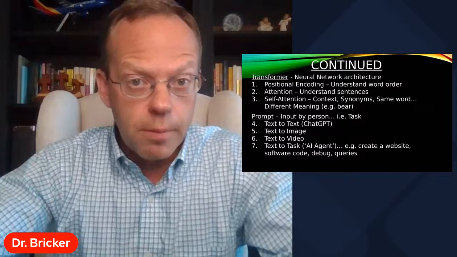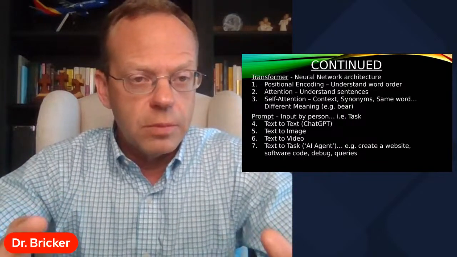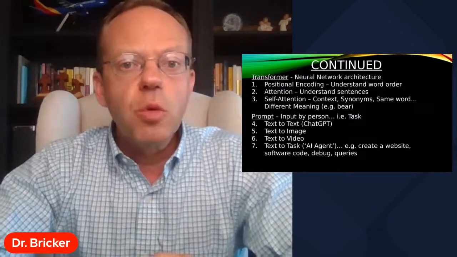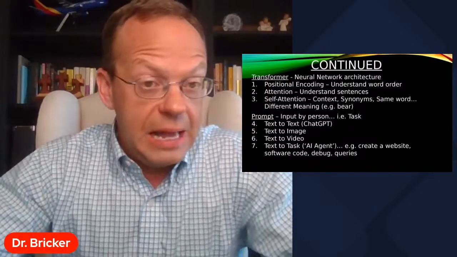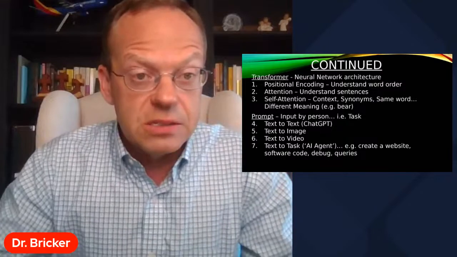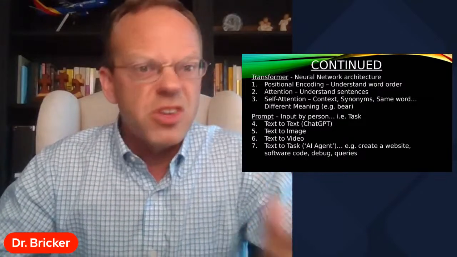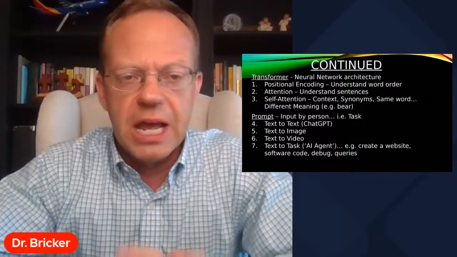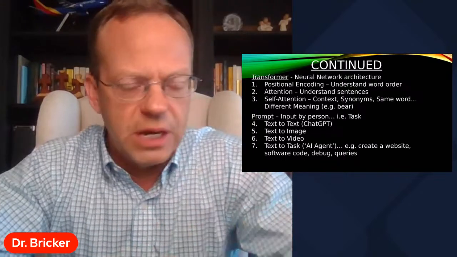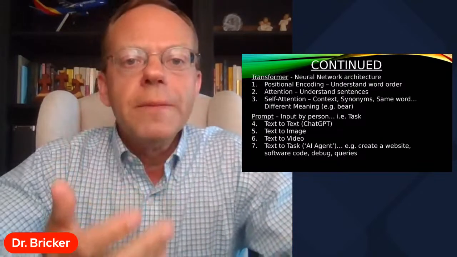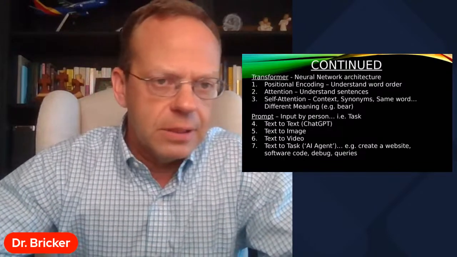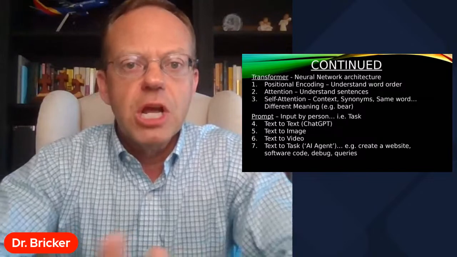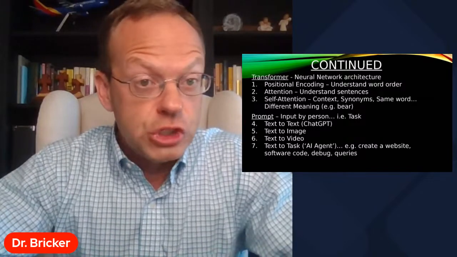And the transformer has several features about it. This is where a lot of the development in AI has really happened in the last handful of years: they've created these sophisticated transformers. The functionality of a transformer today is light years different than it was just a few years ago. So one, it has this thing called positional encoding. Apparently, and I'm not a linguist, in language the word order is super important.